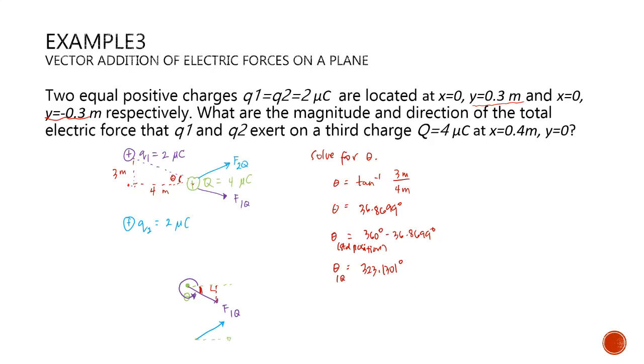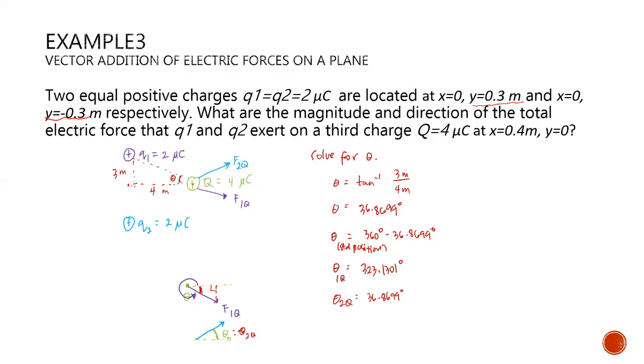This angle here is also equal to angle theta. In standard position, it's 36.8699 degrees because it's measured from the positive x-axis. So theta sub 2Q is 36.8699 degrees.